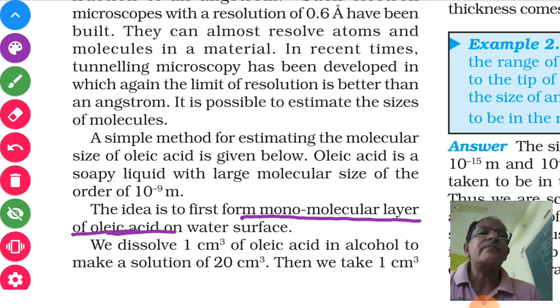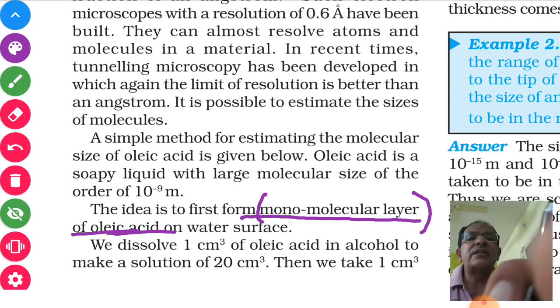The idea is to first form a monomolecular layer of oleic acid. Sizes of the order of 10 to the power minus 9 can be measured with the help of this method. You just remember the name of the method, monomolecular layer method.